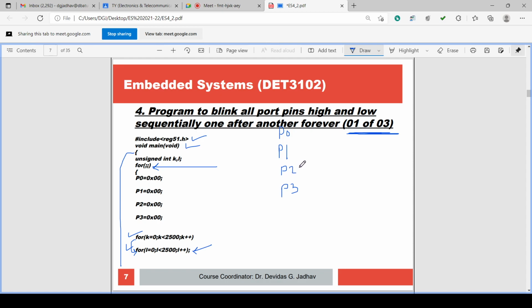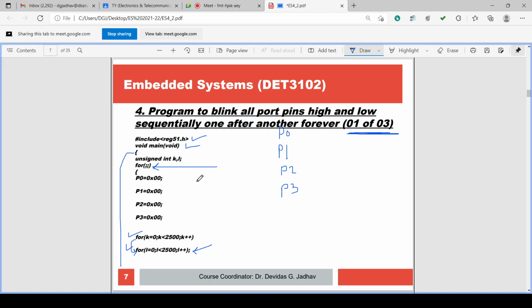Every port has 8 IO lines. All the 32 IO lines of all the 4 ports are saying 0. Okay. Now they are showing 0 volt, logic 0. Then after this, a for loop will be executed.